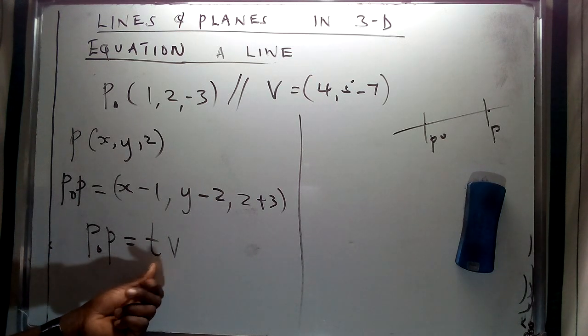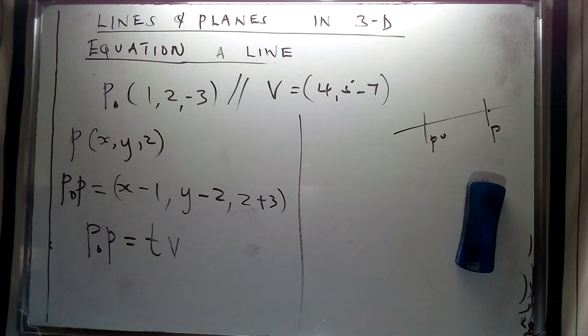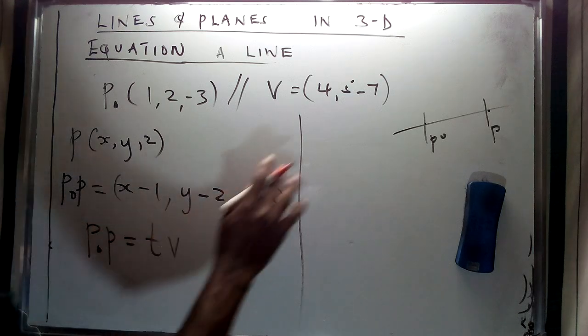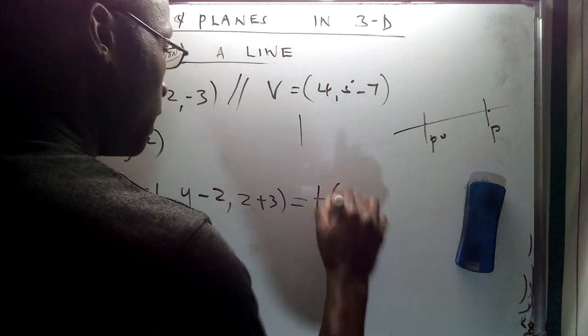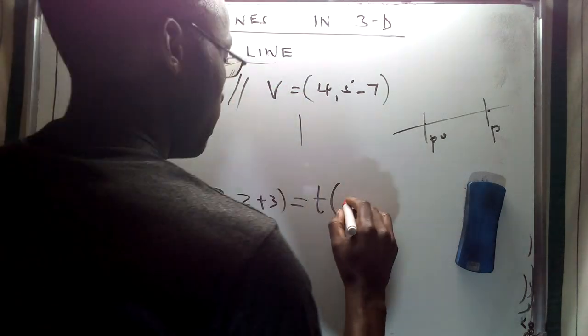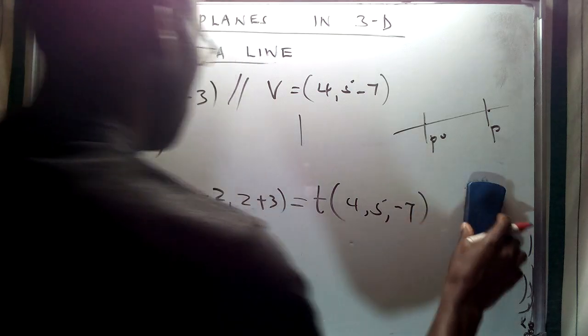We had said that t can range between negative and positive infinity, and therefore we give a general equation by equating this to t times 4, 5, and -7 respectively.